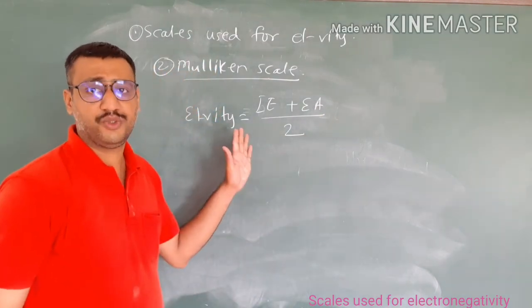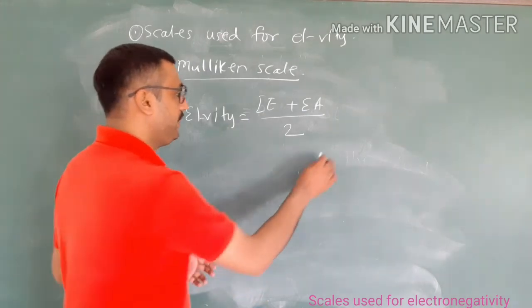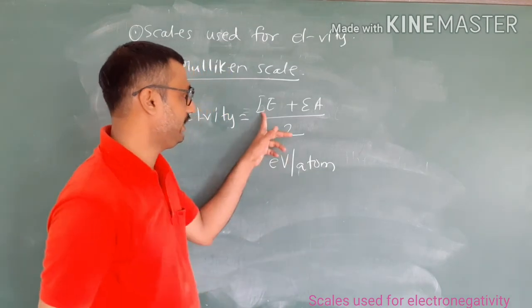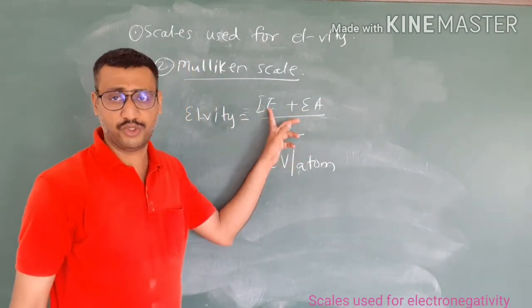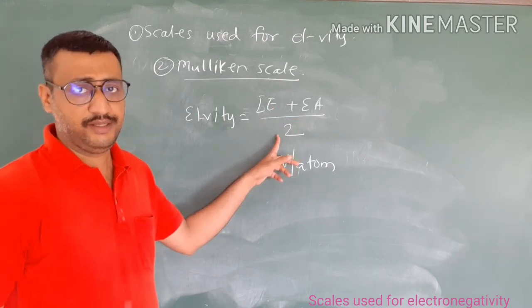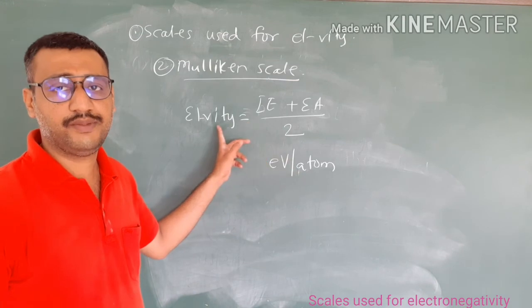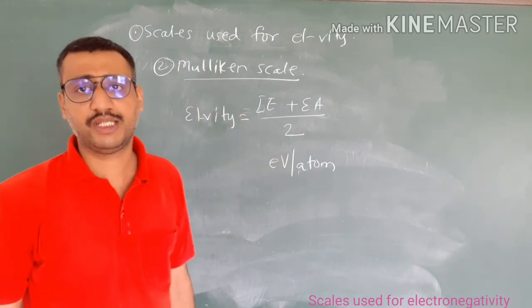We know that different units are used for ionization energy and electron affinity, so both should be measured in electron volt per atom. So whatever the values of ionization potential and electron affinity in electron volt per atom, we put them here, sum the two values, and divide by 2. Ultimately, whatever value we get is the electronegativity value by the Mulliken scale.